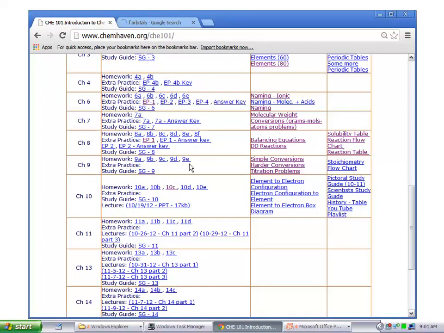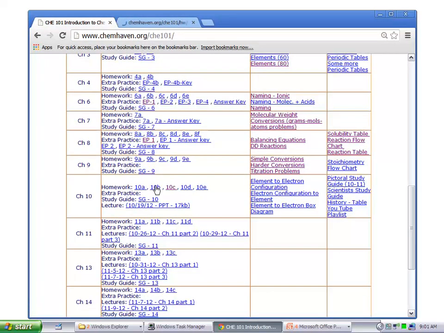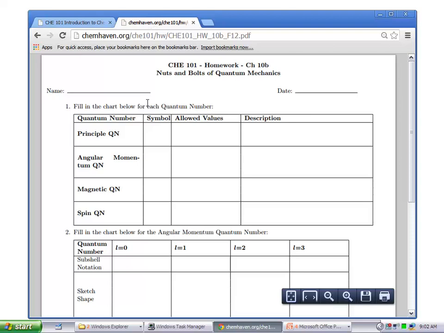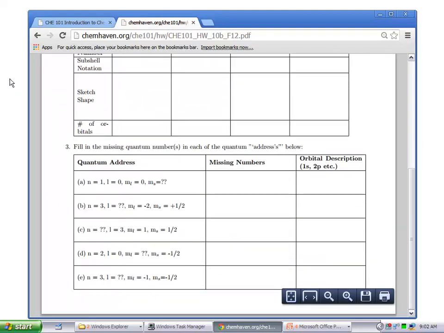Let me see, where's 10B? I just have to refresh my mind which one is which, because the other class has similar homework to this. You can only do a couple on 10B. I think you can do B, as in boy. Yeah, that's just literally reproducing the notes and answering a few questions at the end.